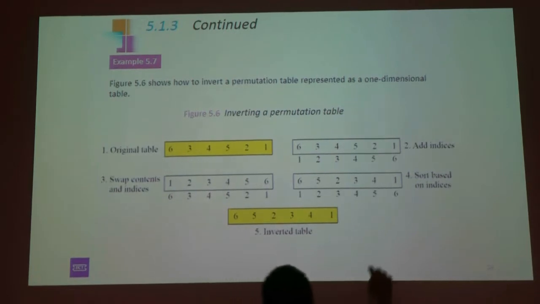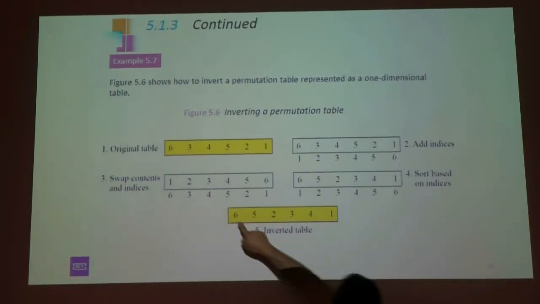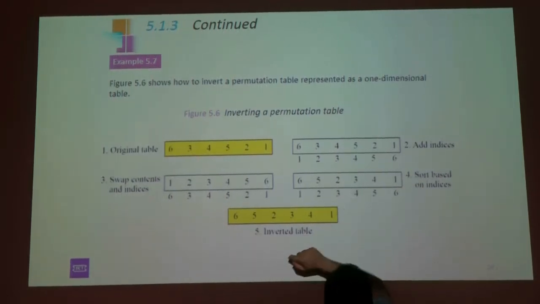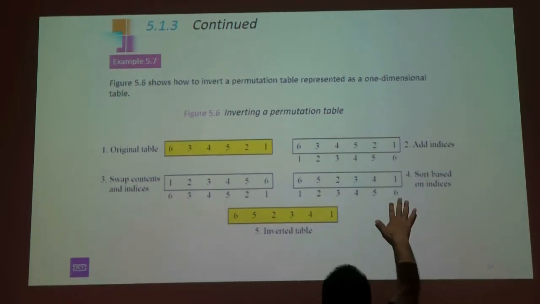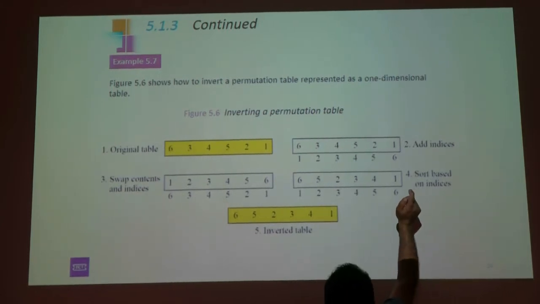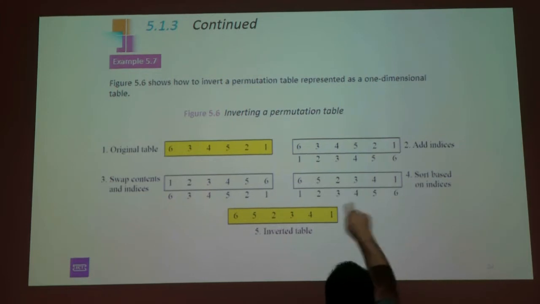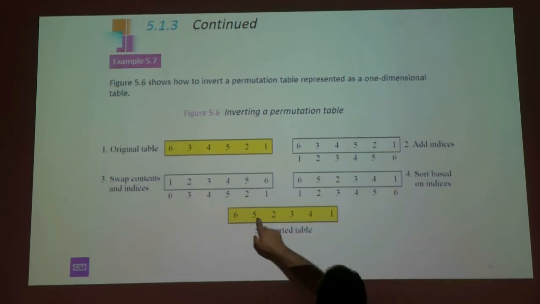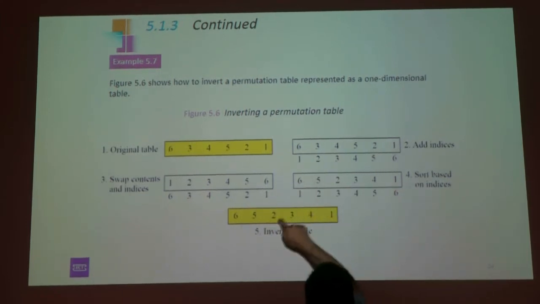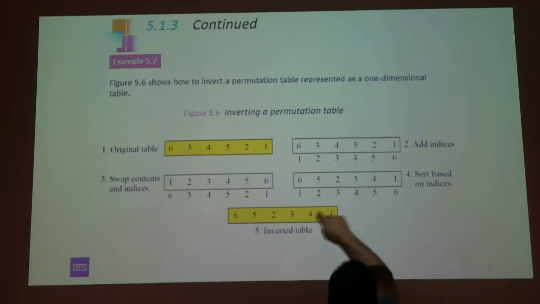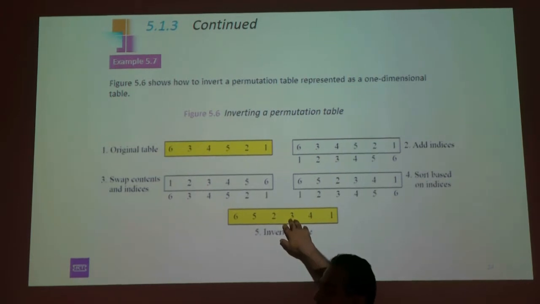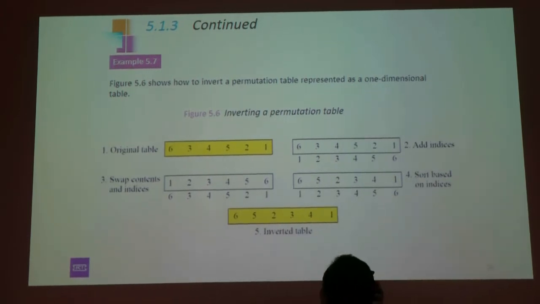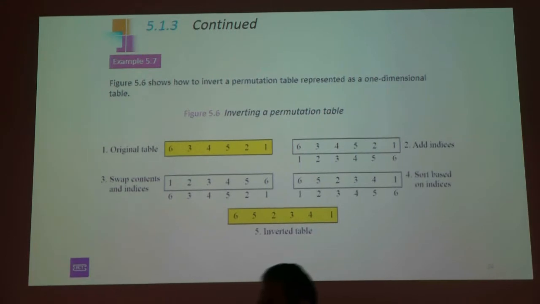So when you sort, what is the first thing to go? 1, 2, 3, then what we have is 6, 5, 2, 3, 4, and 1. So that's your input, and that will be your output. That is how you invert.